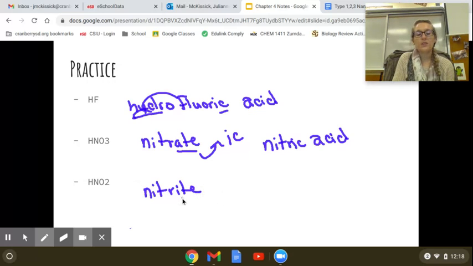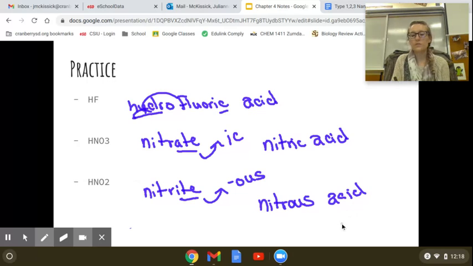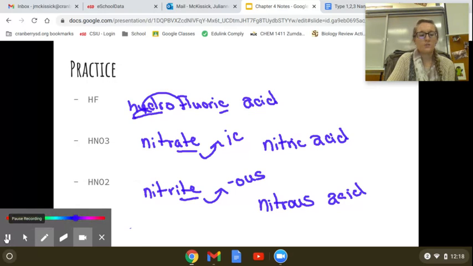Because it stands for nitrite, we're looking at this ending, ITE, which needs to be changed to OUS. So our correct name for our acid will be nitrous acid. Okay? If you have any questions about those, make sure that you let me know.